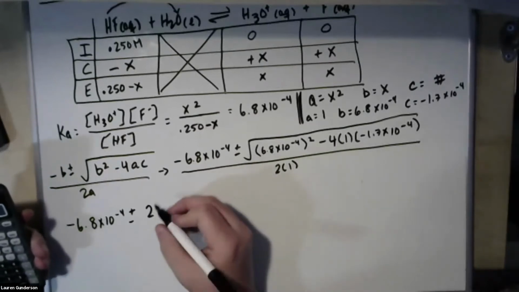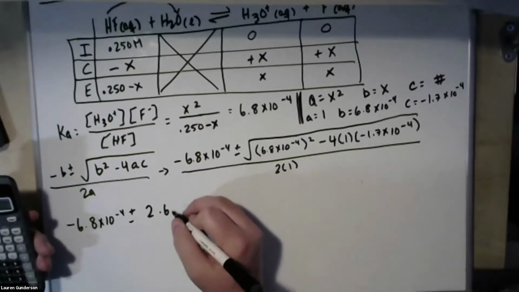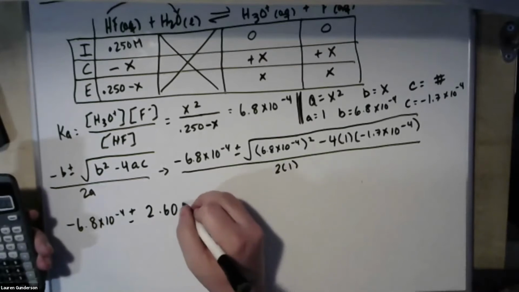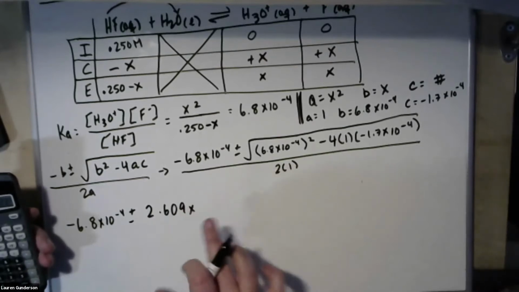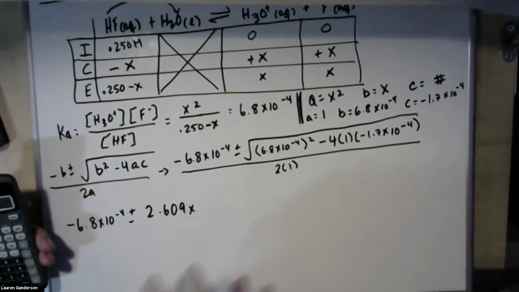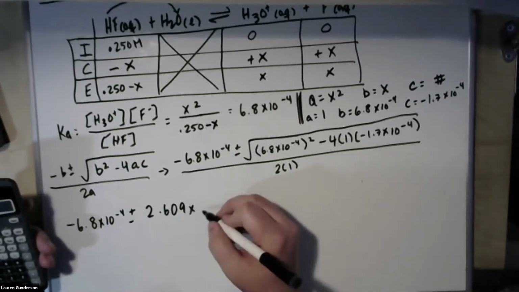Okay, so we get 2.60. I'm just keeping a little bit of extra digits in here because we're not going to really round it until the end.